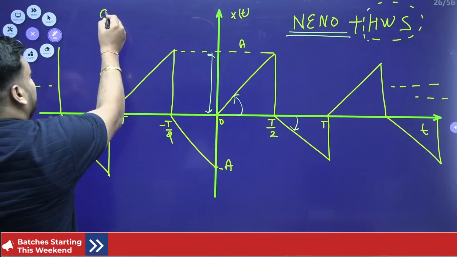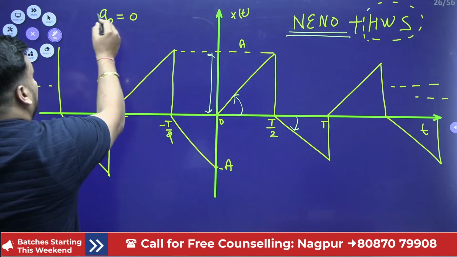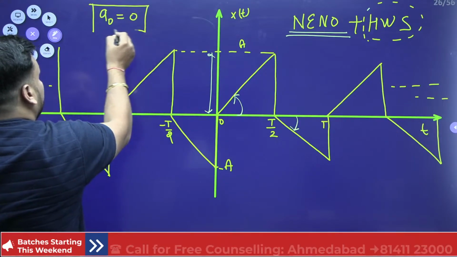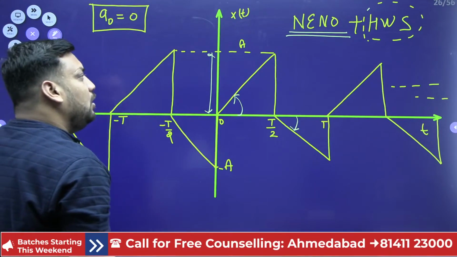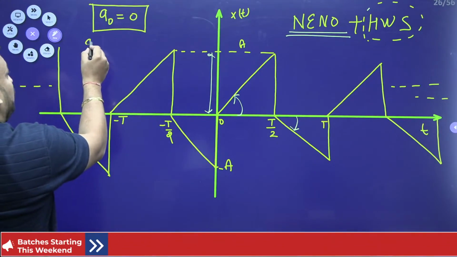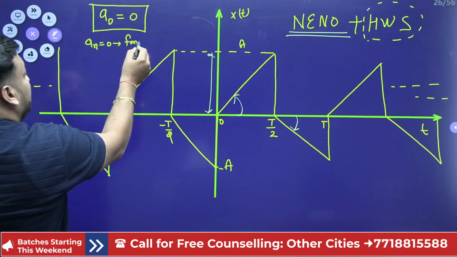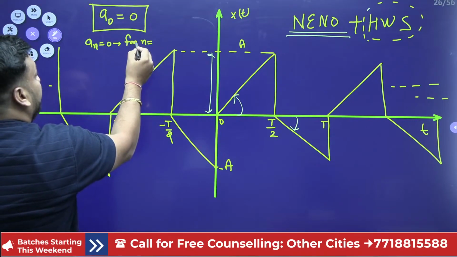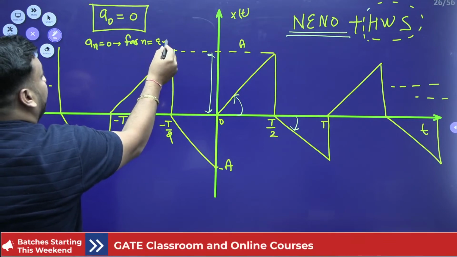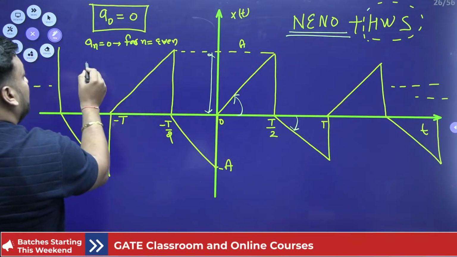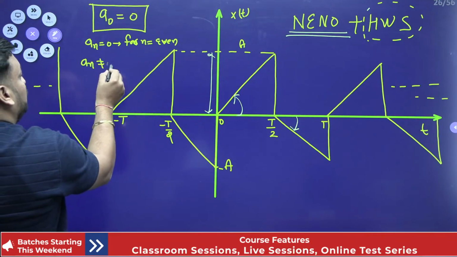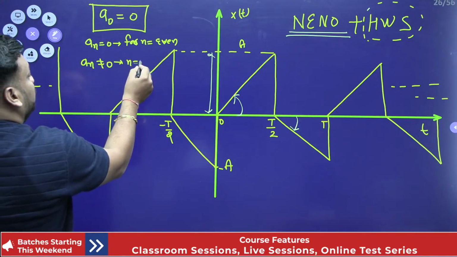HWS will make your average value 0. It will also make An equal to 0 for n even, but An is not equal to 0 for n odd.